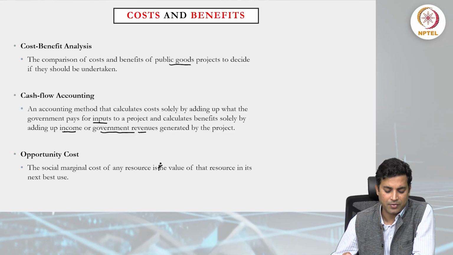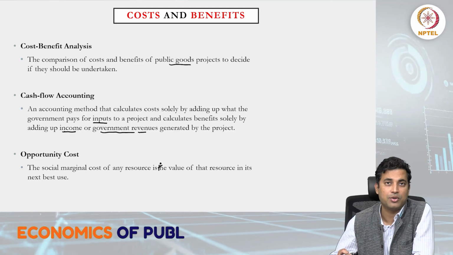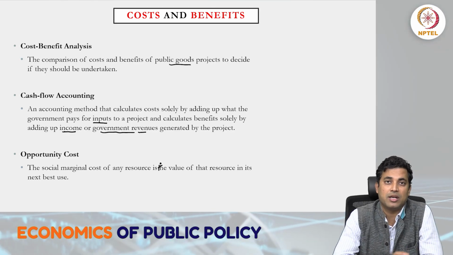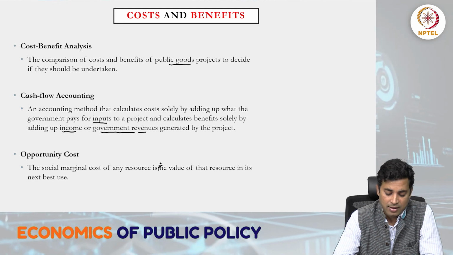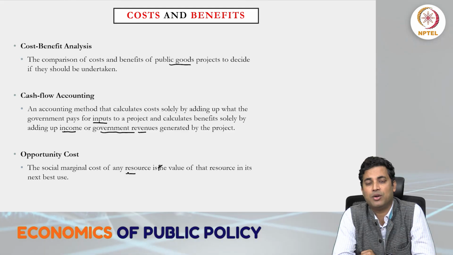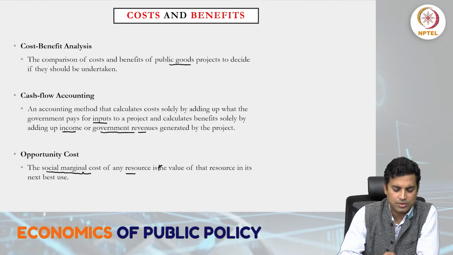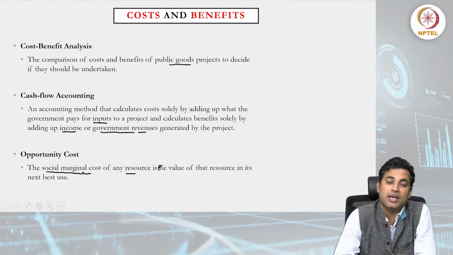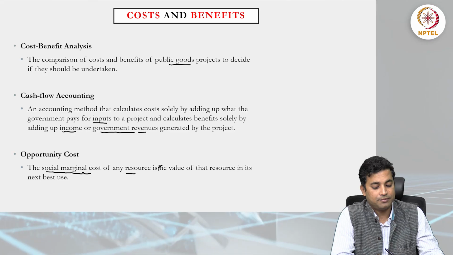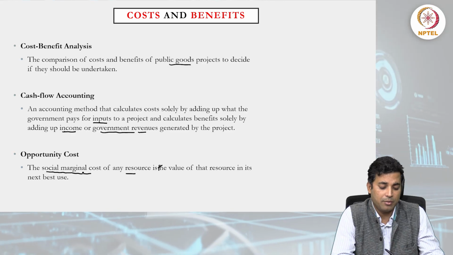This is how opportunity cost can be referred to, especially when we address externalities with regard to resources, whether air or water. So social marginal cost needs to be taken into account while understanding opportunity cost, especially in the public policy framework.